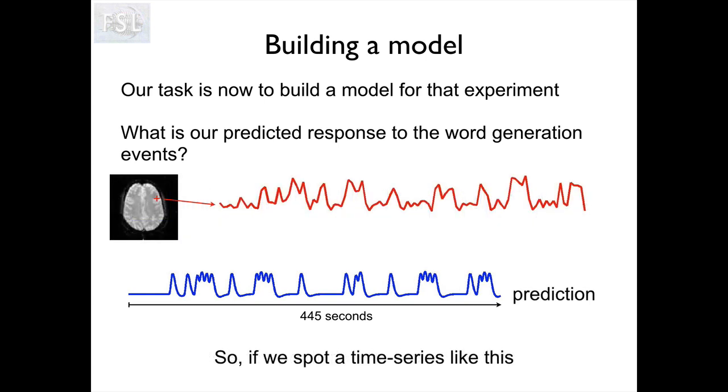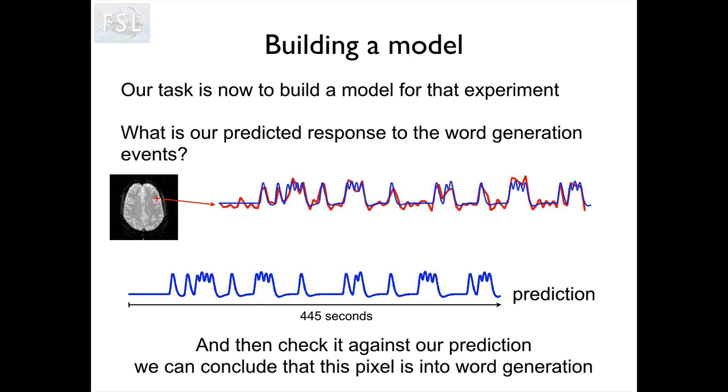So what that means is that if we spot a time series in the brain like this, and we then compare this to our prediction for what the response to the word generation events would be, and we see, oh, that's a really good match, then we can say to ourselves, okay, I think that this particular voxel, this particular part of the brain, is involved in word generation, or is interested in word generation. So we have our predicted responses, and we check those predictions against the different parts of the brain, and we can conclude which parts of the brain are into word generation.